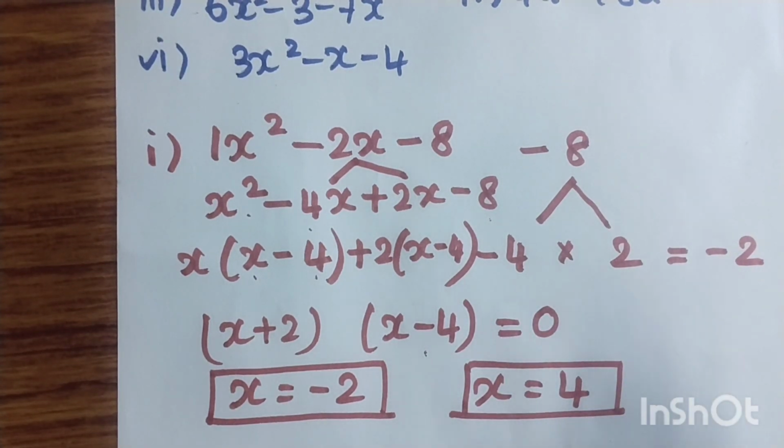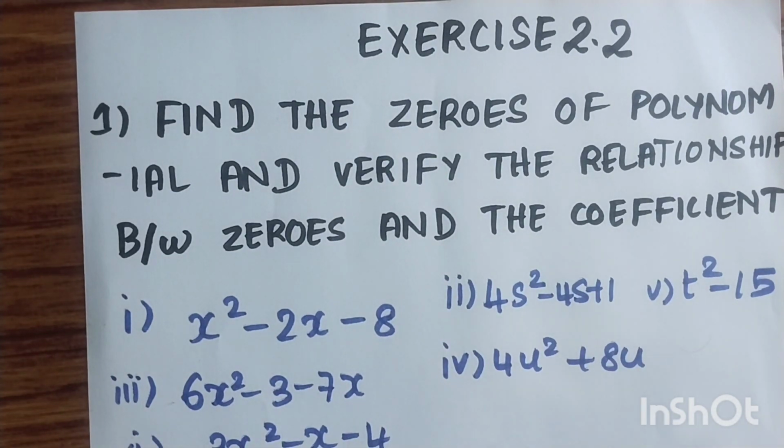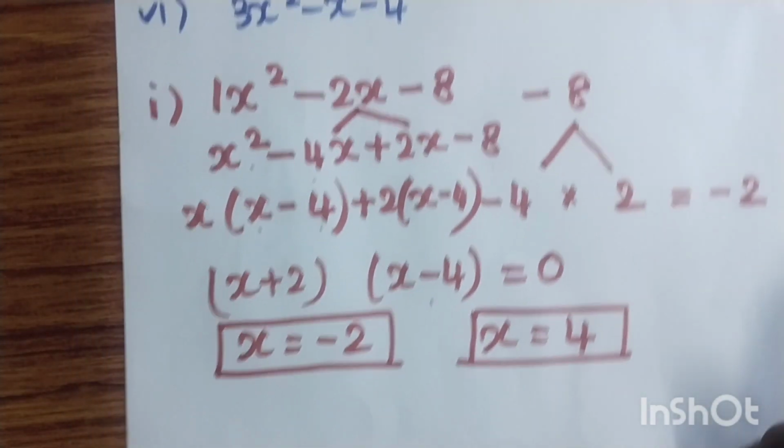So now I have got the zeros of the polynomial, but in the question we have to find the zeros and verify the relationship between zeros and coefficients.